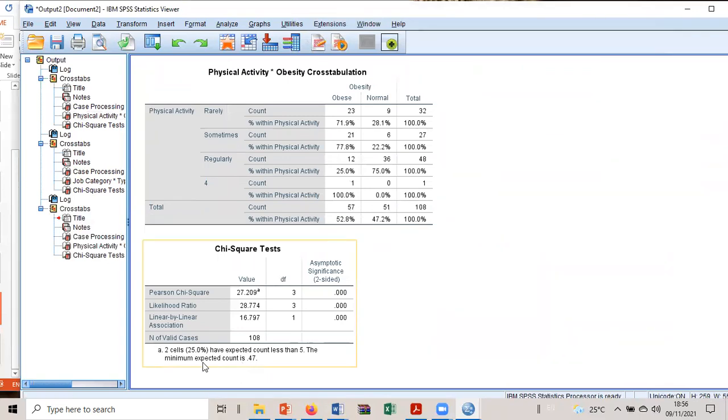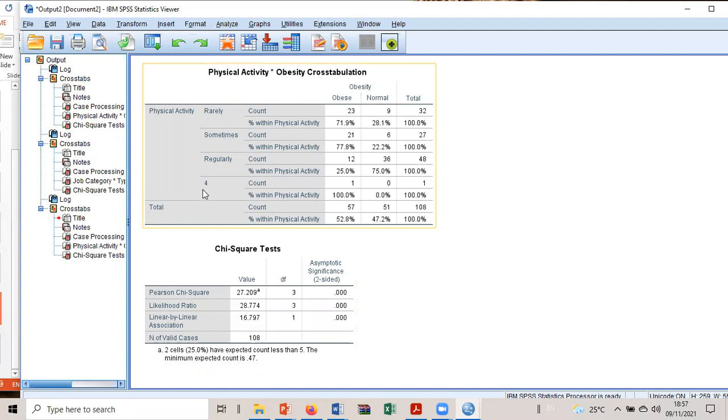Look at the count now. The minimum count is 0.47, less than 1. Why does it happen? Look at this fourth group I just created. Very small number. So in practice, a very small number in one group, only one of them, it can be a typing mistake, so you go and correct it.